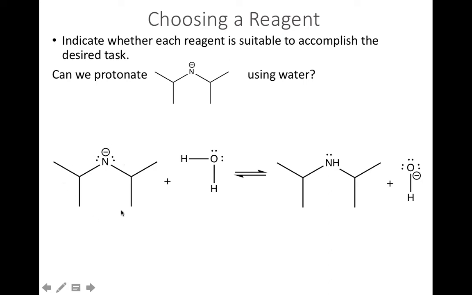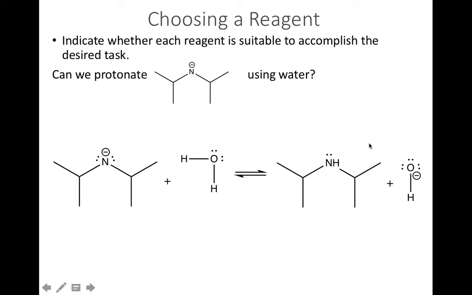Again, this is the base. The OH minus is the base on this side, and I want to see which one is more stable. Is OH minus more stable, or is this base more stable? Again, atoms, resonance, induction, orbitals. I think atoms can be used to determine which one is more stable in this case as well.